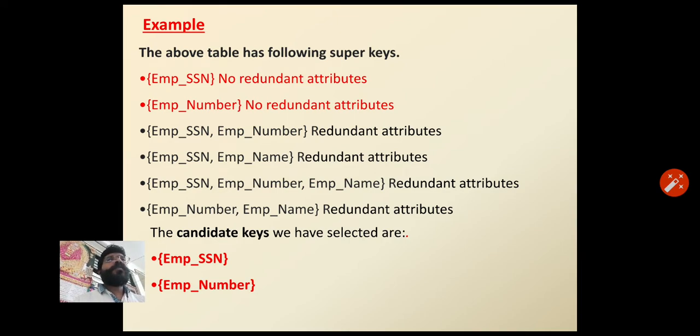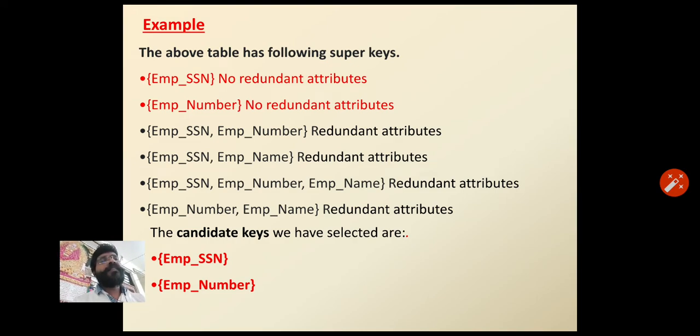So the fourth key is redundant and only 2 are not redundant attributes. So this implies SSN number and employee number are candidate keys. You can also say that a candidate key is a subset of a super key.